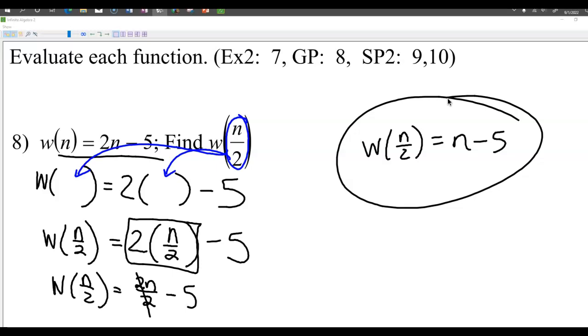Bottom times bottom is 2. What's 1 times 2? So it went away with multiplying. Now, 2n divided by 2. So this whole thing just becomes n, right? Good.